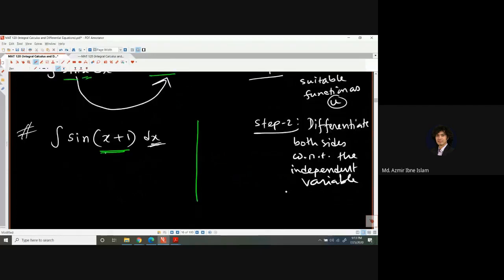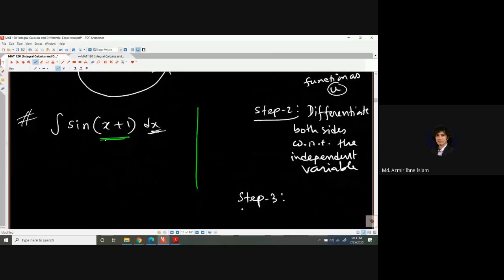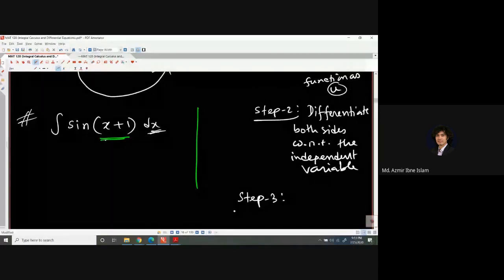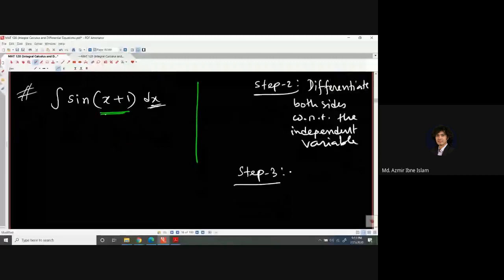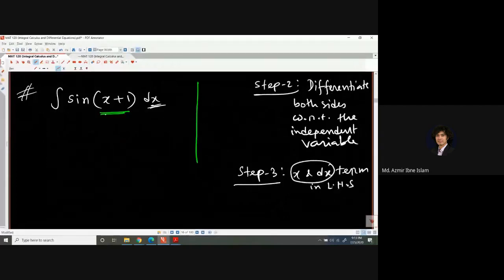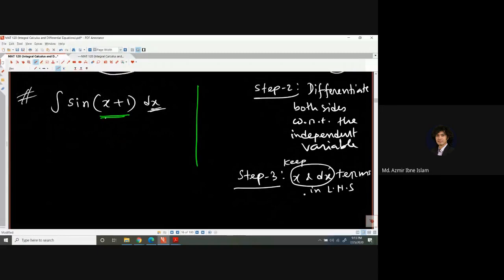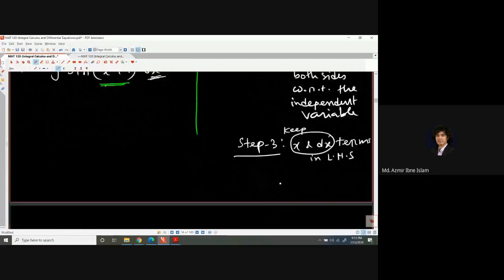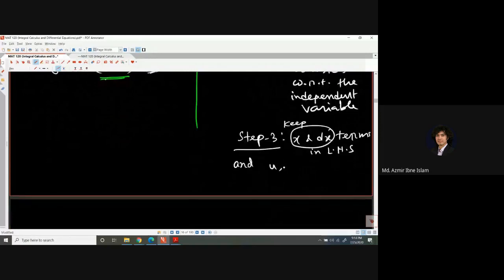Step 3. We have to keep x and dx terms on left side, and u or du or constant terms on the right side.